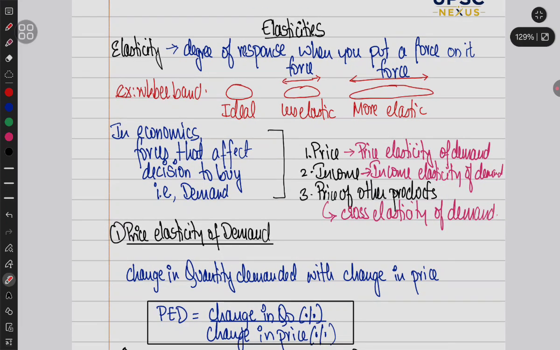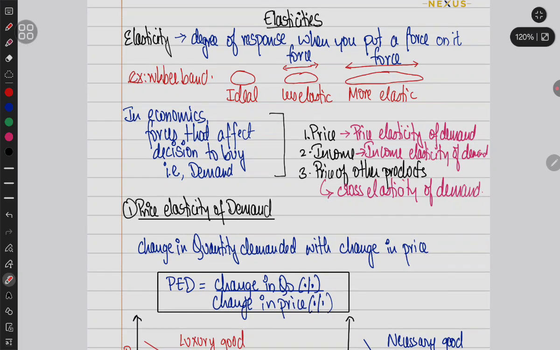Okay? So basically we'll be understanding what is elasticity. Elasticity is nothing but the degree of response when you put a force on it. That's it. For example, in real life, take the rubber band. This is the ideal situation. When we apply less force, it will stretch very little, minimally. When we apply too much force, it gets more elastic, right?